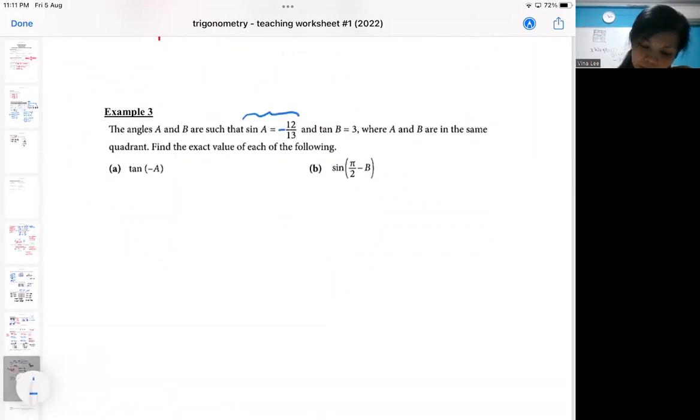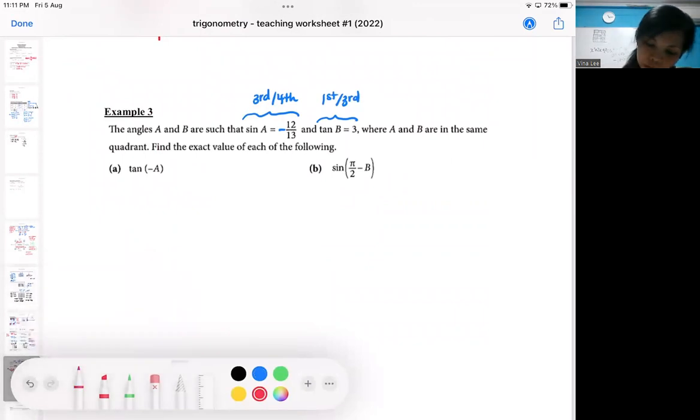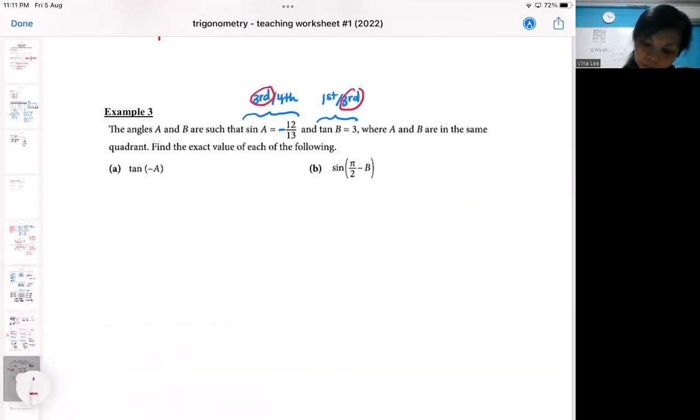So this is sine negative, so third and fourth. Tangent positive, first and third. So which quadrant are they talking about? Third quadrant. So A is in the third quadrant. B is also in the third quadrant.